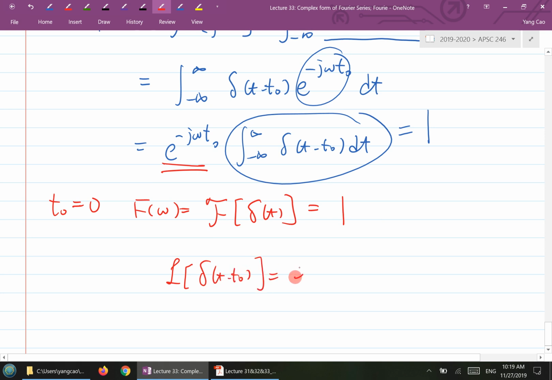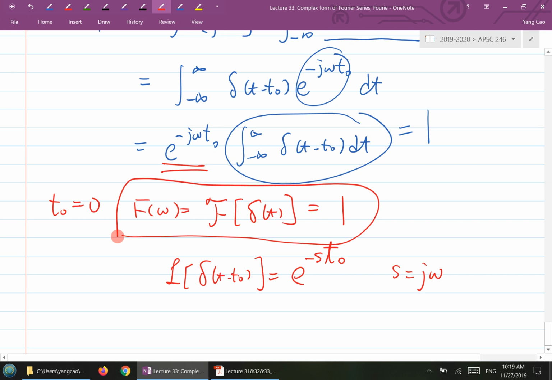It's e to the power negative s t naught. So if you replace s with j omega, you get the Fourier here. So that's a connection. But this replacement is not true all the time. For some it's true, for some it's not. Between Laplace and Fourier, sometimes you can simply replace s with j omega, but not all the time.